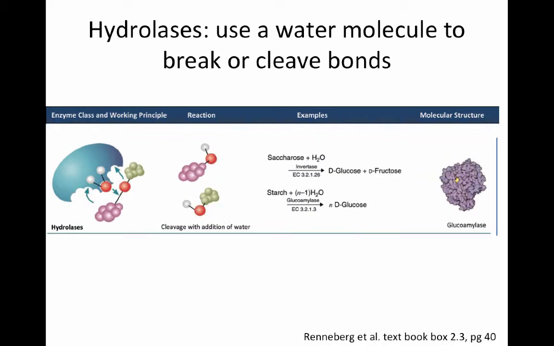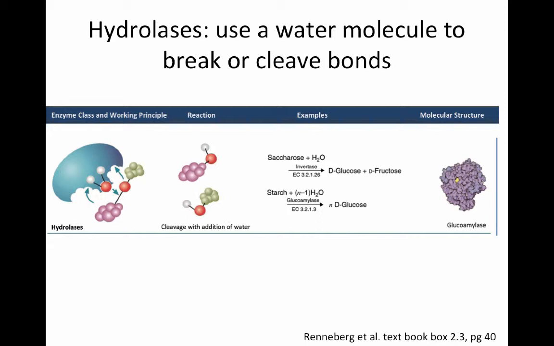The next class of enzymes are hydrolases, and these enzymes use a water molecule to break or cleave a bond in a string of molecules. And so here we have a saccharose, which is a glucose and a fructose, and so it's a long polysaccharide that has 2 different sugar molecules, glucose and fructose, in the green and pink.